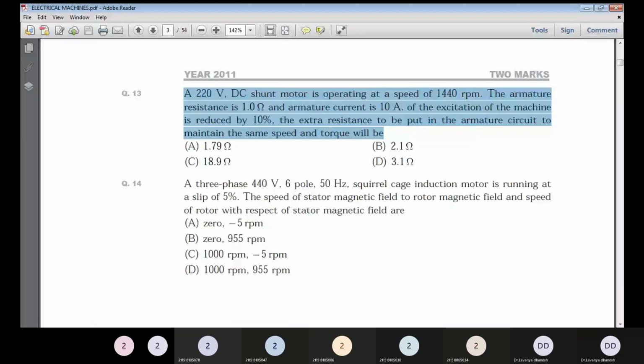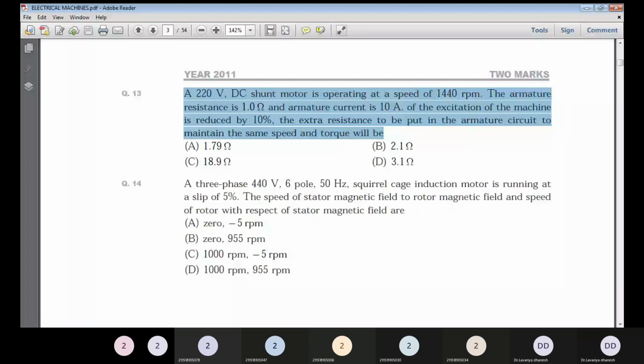So 210 into 0.9 will be 189. So 189 is equal to V, the voltage, 220 minus IA.